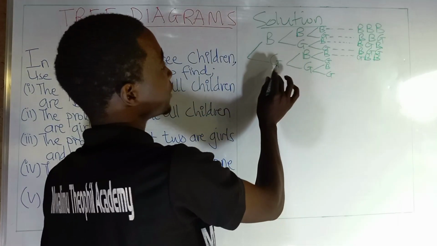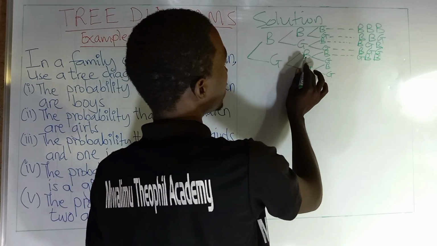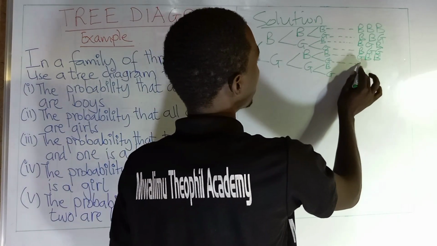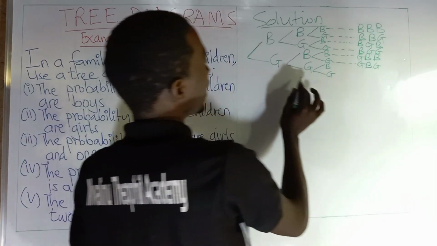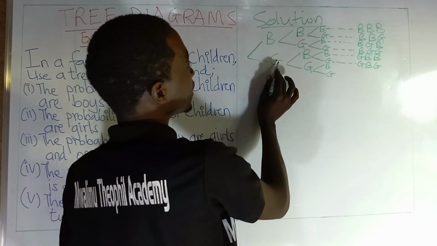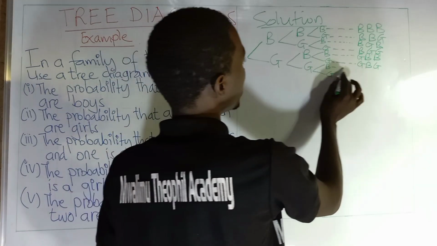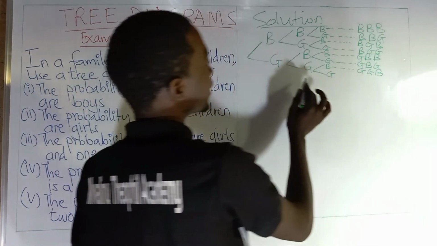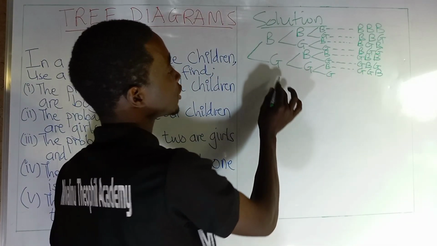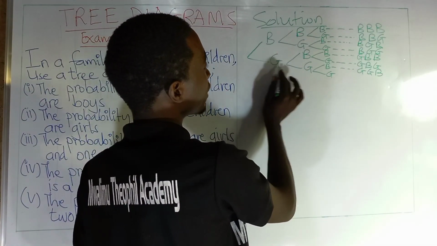Our sixth combination is girl, boy, girl. Our seventh combination is girl, girl, boy. The last combination, which is the eighth possible combination, is girl, girl, girl.